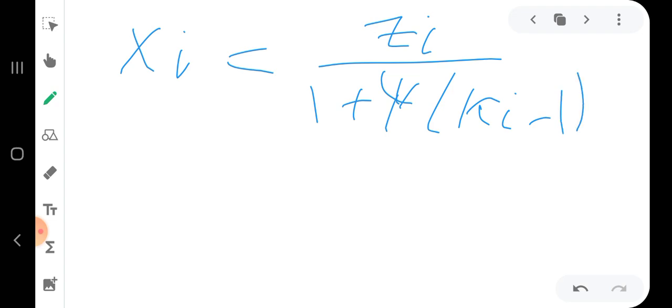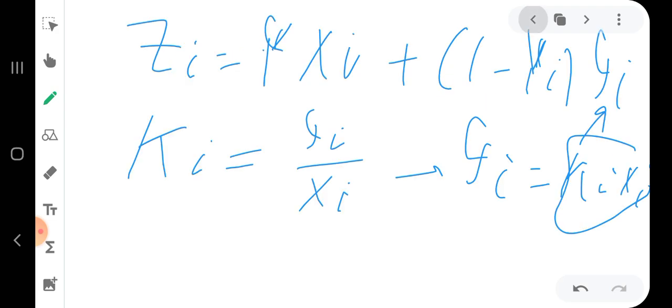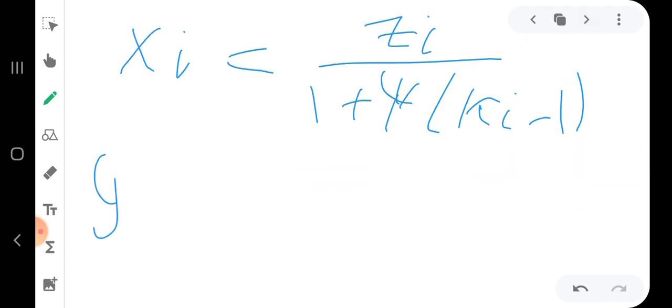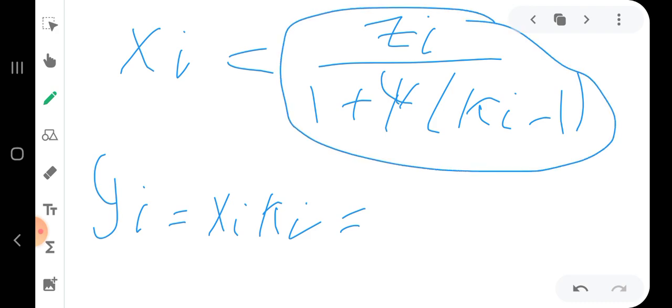And we know that yi is equal to Ki xi. So similarly, we can write that yi is equal to xi Ki, which is the same formula multiplied by Ki.